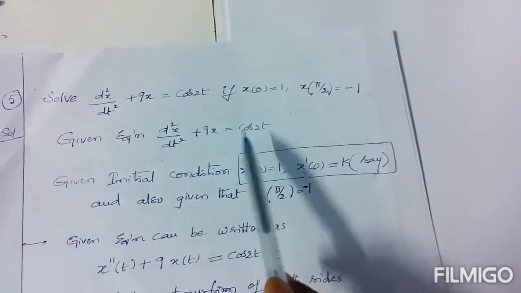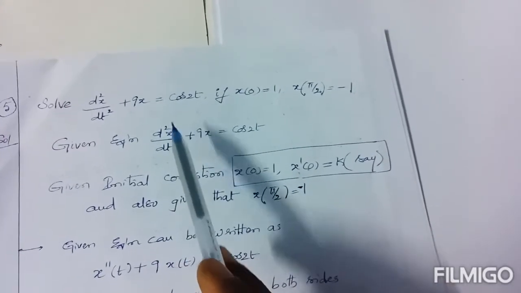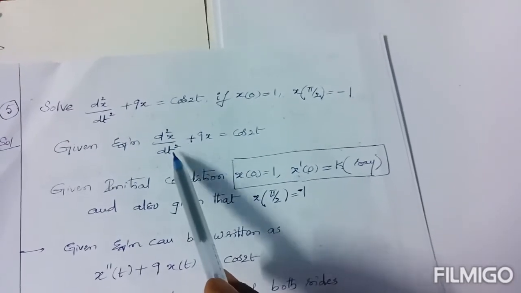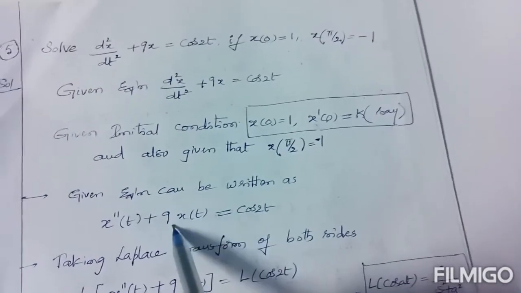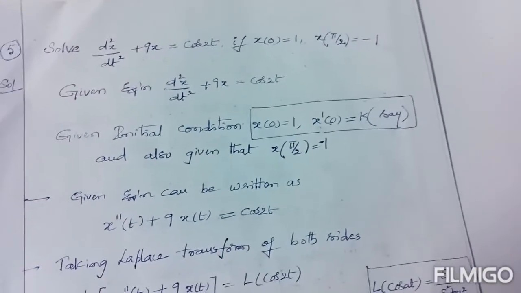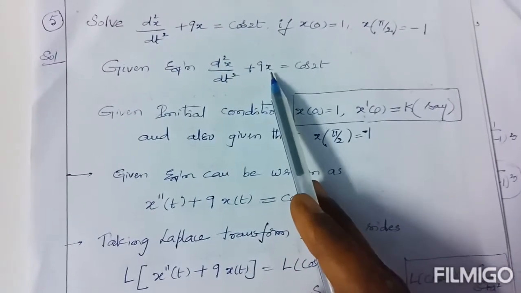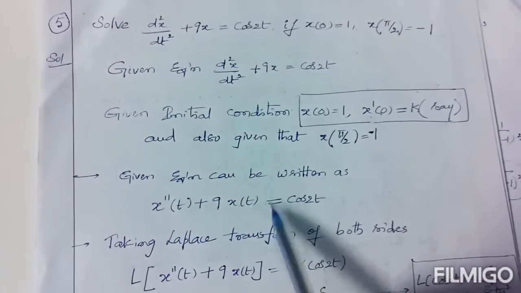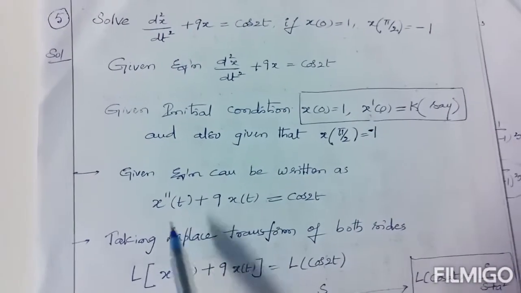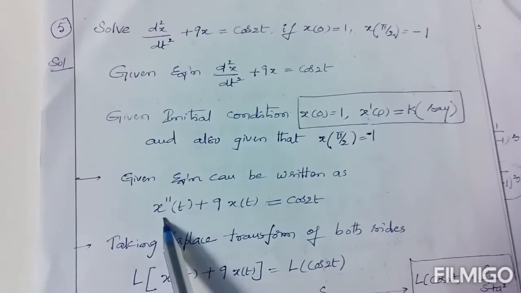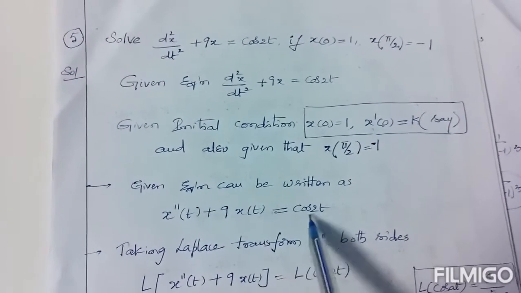Now write the standard form of the given equation. The second derivative of x with respect to t is simply written as x double dash of t, plus 9 into x, where x is a function in t, x of t, equal to cos 2t. Now this is in standard form, but instead of y, x is there: x double dash of t plus 9x of t equal to cos 2t.